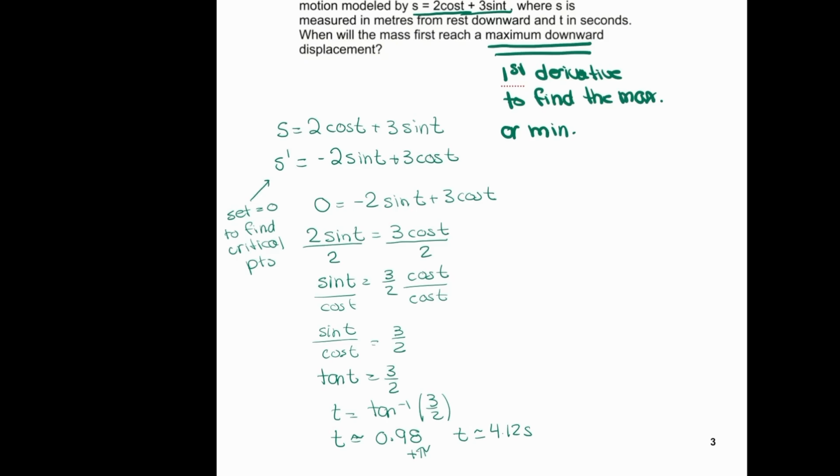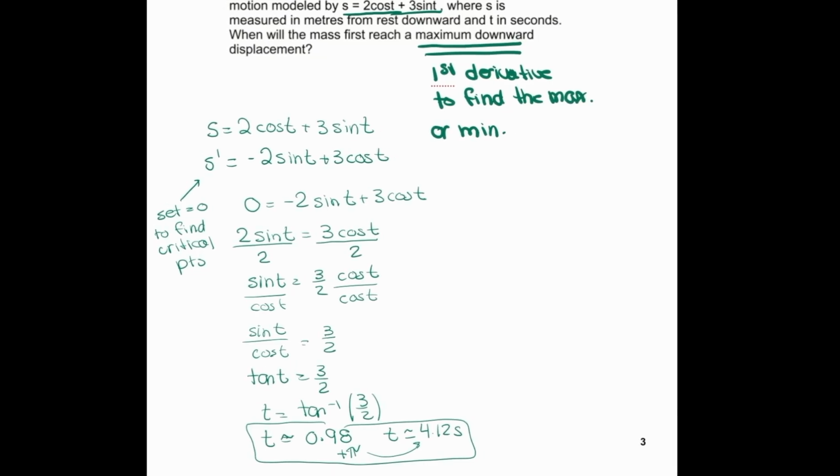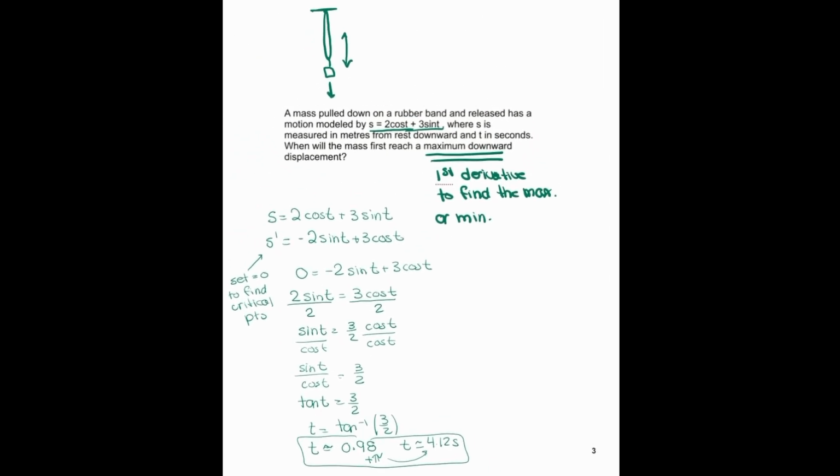Now that we know our 2 points of 0.98 and 4.12, we need to confirm which ones are maximums or which ones are minimums. To do that, we use our second derivative test. So now we found the critical points, and we're going to use the second derivative test.